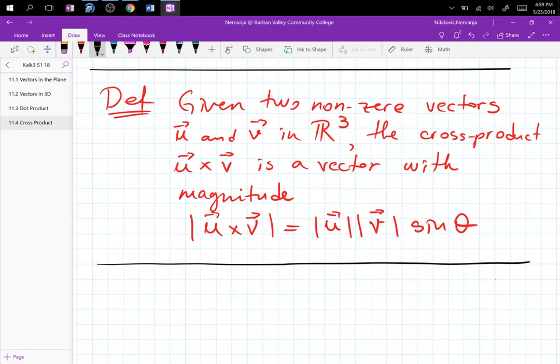The most important use of this is to find an orthogonal vector. If I give you any two 3D vectors in space, if you cross those two vectors, you will get a vector that is orthogonal, perpendicular to both original vectors.